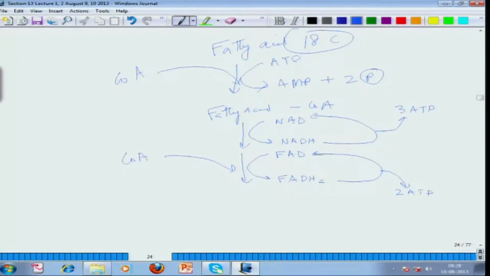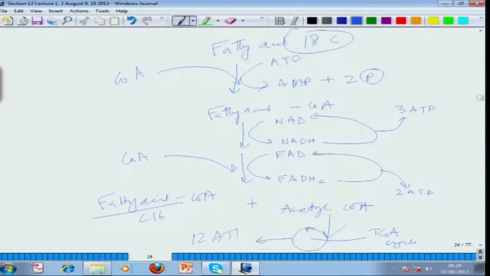So essentially you have fatty acyl CoA, and you start with C18 and end up with C16 plus acetyl CoA. This acetyl CoA becomes part of the TCA cycle, producing 12 ATP molecules.